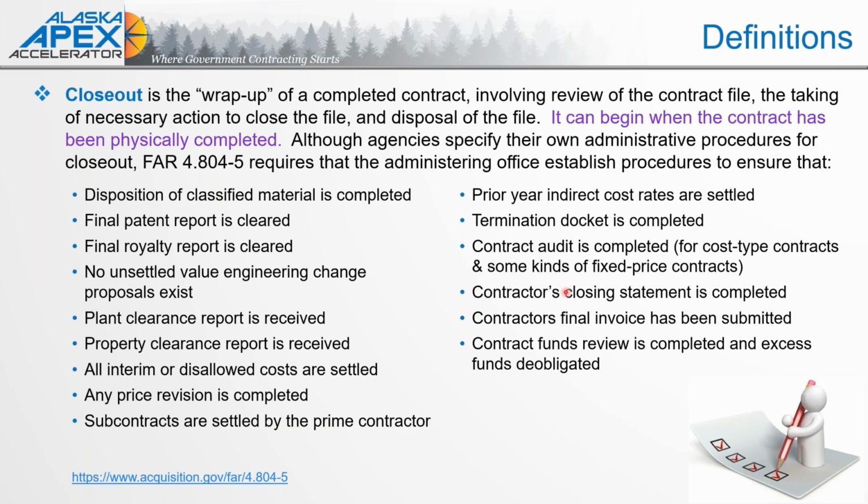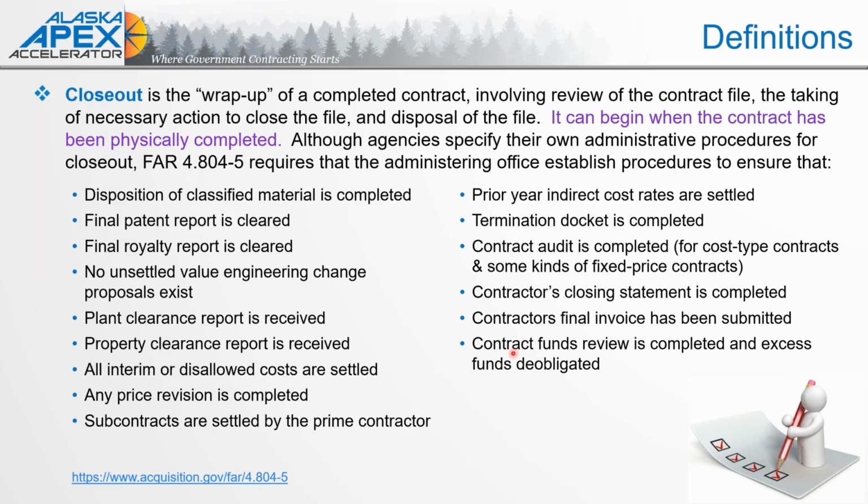And then contractor closing statement has been completed, that final invoice has been submitted, and last, that contract funds review is completed and excess funds deobligated. So when we think about the completion of the contract, these are all these final bits of administrative pieces.